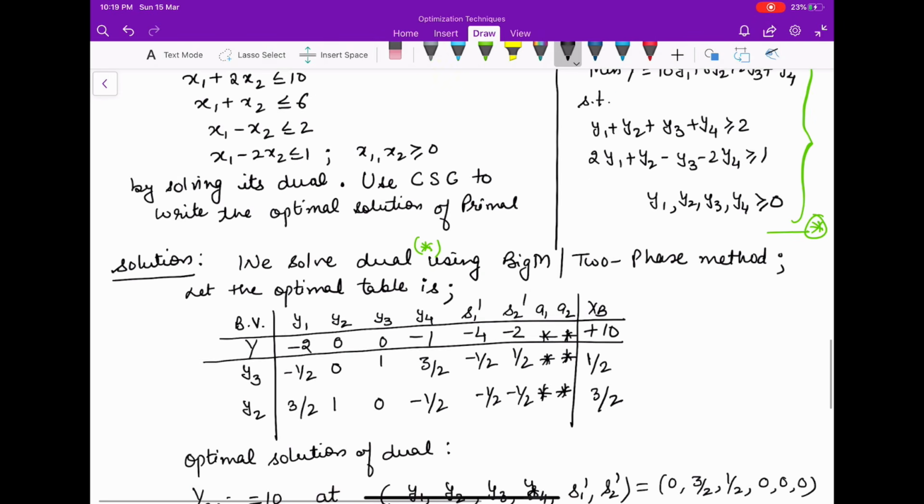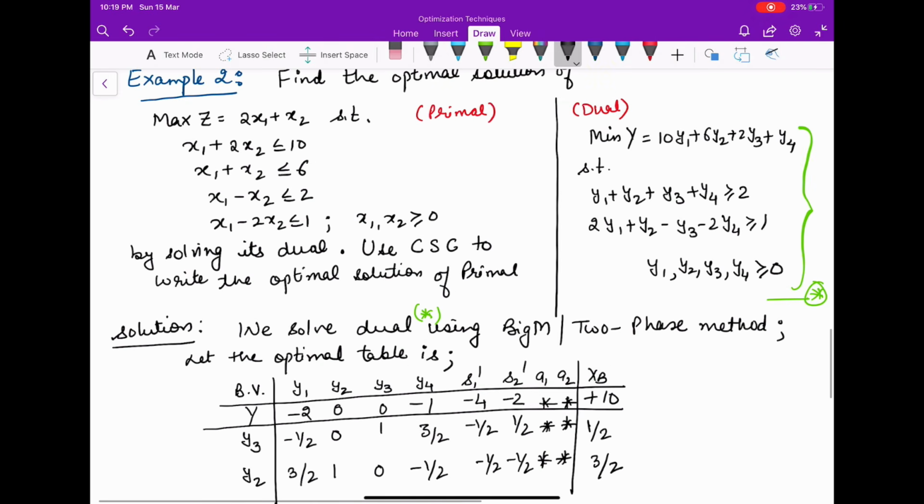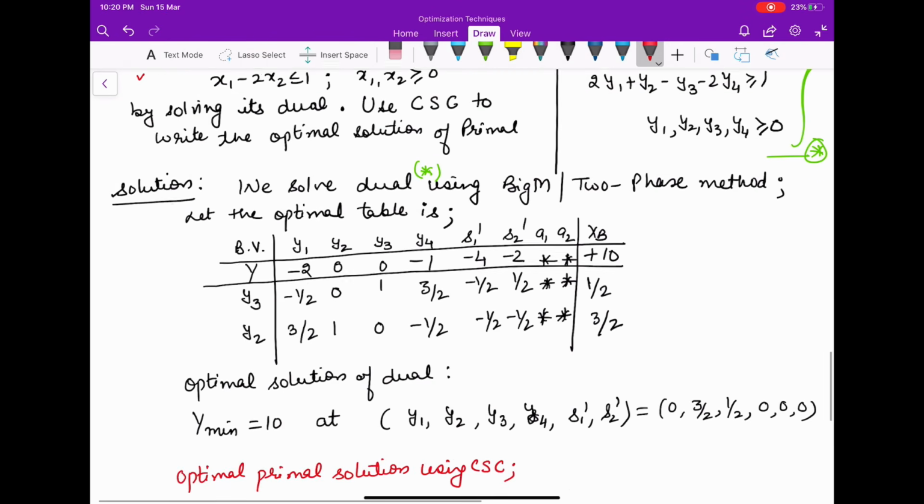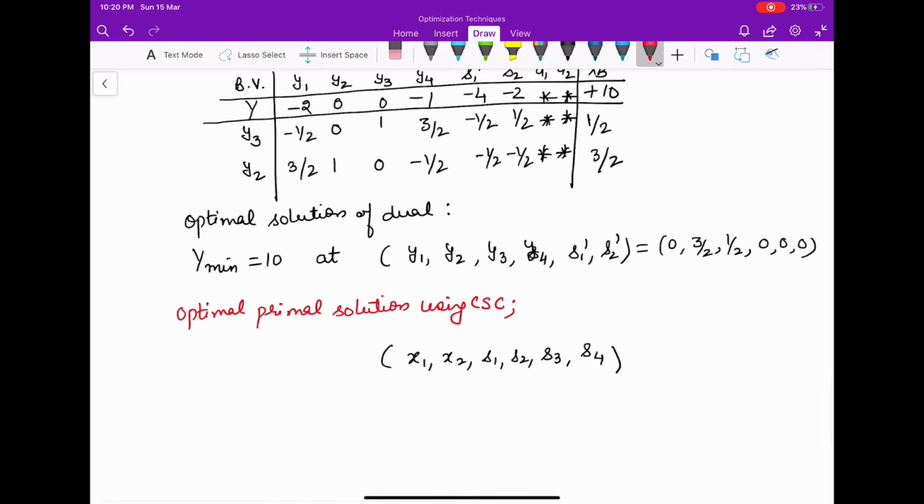You can see here that in the primal problem there would be 4 slack variables. So one slack variable will be used in this constraint, one will be used in this constraint, and 2 more in the next 2 constraints. So there will be 4 slack variables used in the primal problem, and then there are 2 original variables x1, x2. So we have this, and we want to now write down the answer of this problem.